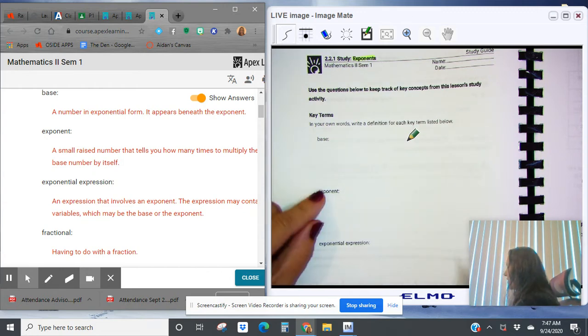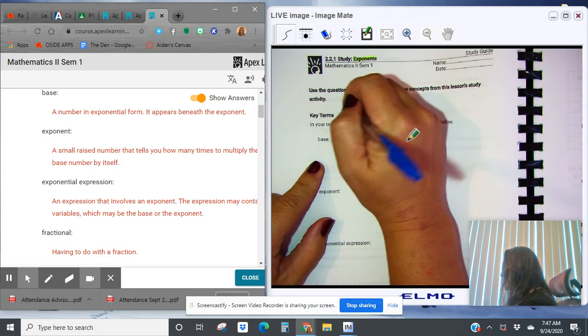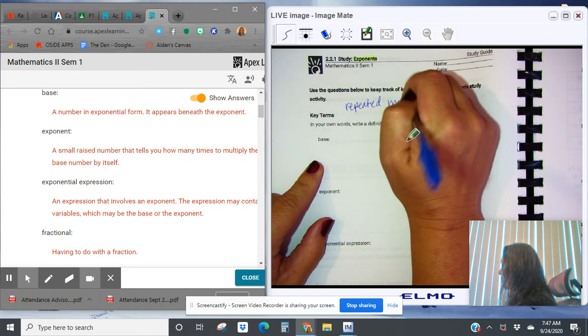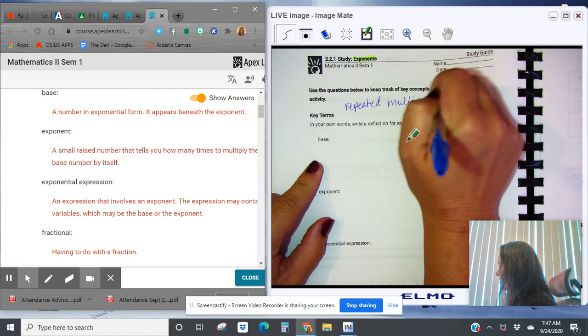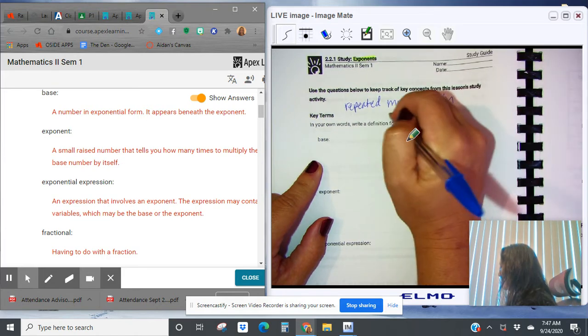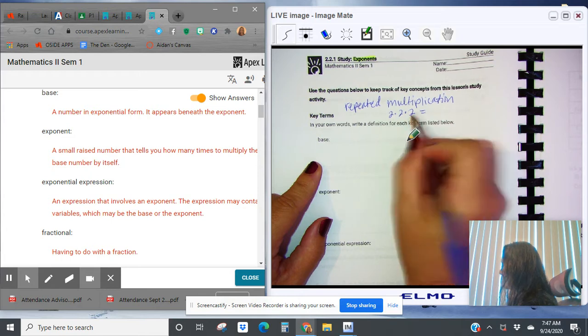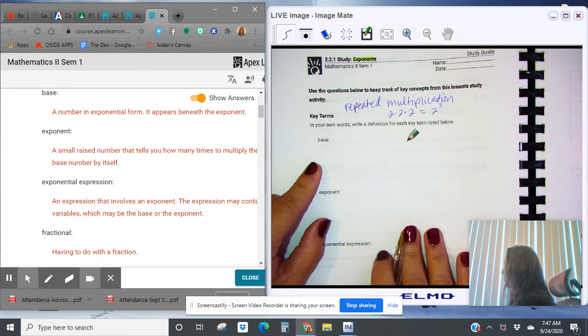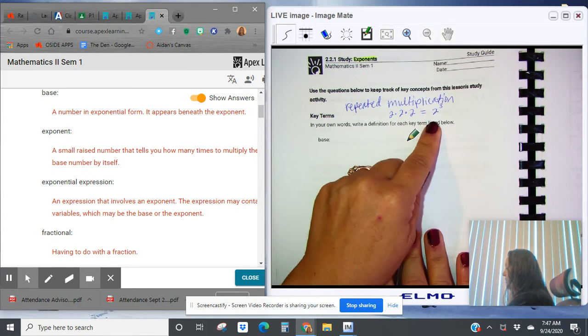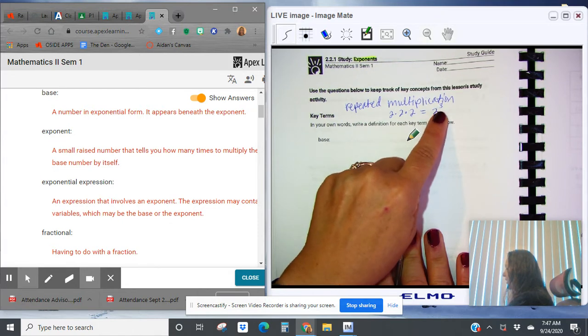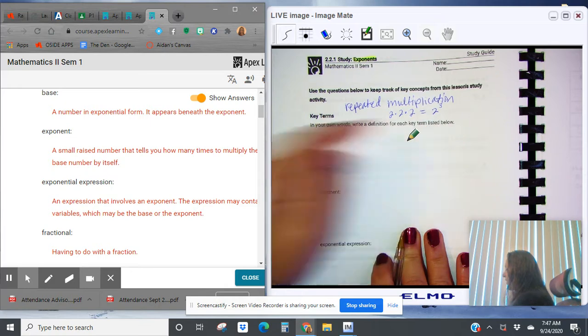So remember that when we're talking about exponents, repeated multiplication, like 2 times 2 times 2, can be shortened with exponents. So this base, the big number 2, to a power, the little number 3, is what we're talking about when we say exponents.